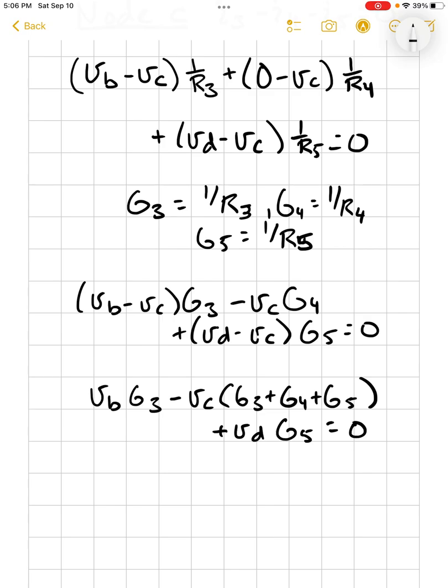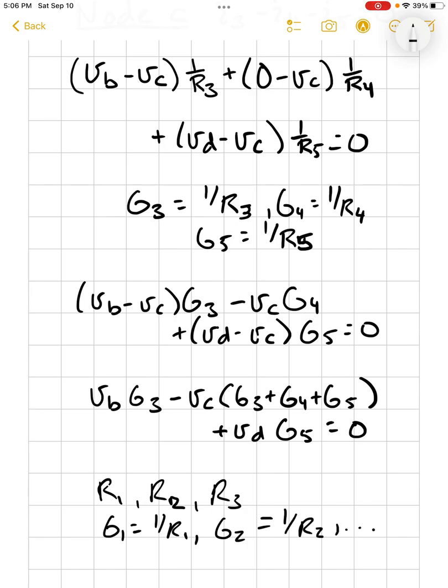Because what you can do is you can basically say, I have my variables R1, R2, R3. You can set those as givens in your computer program, and then you can determine your equations, and then when you go in, you can also set G1 as being 1 over R1, G2 is 1 over R2, etc. And you can just program those in as givens in your computer.